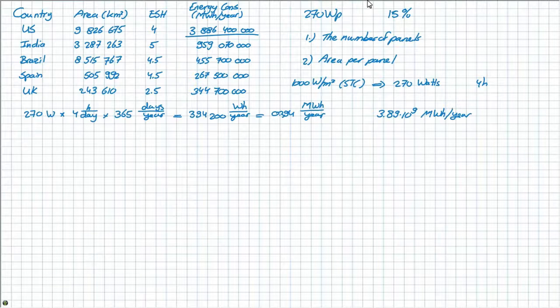So let's do this. We have 3.89 times 10 to the 9th megawatt hours per year. This is the energy consumption. And we divide this by the energy output per panel, which is 0.394 megawatt hours per year. And this gives us 9.87 times 10 to the 9th panels.